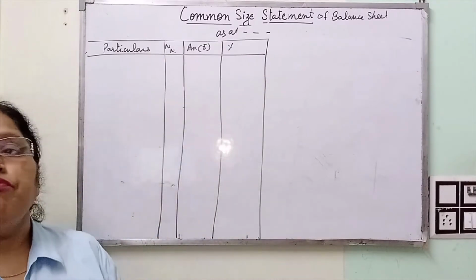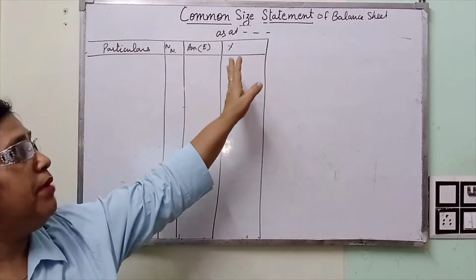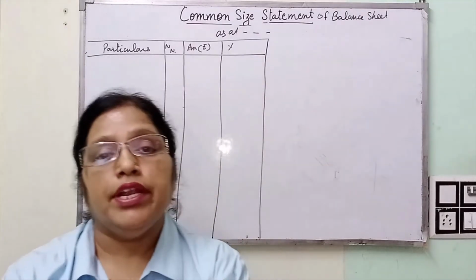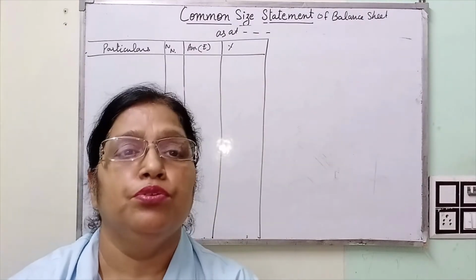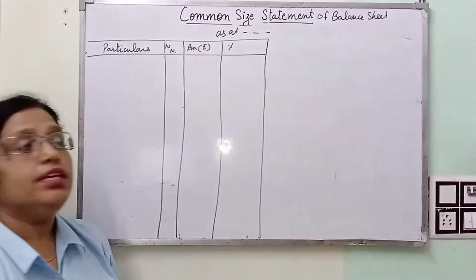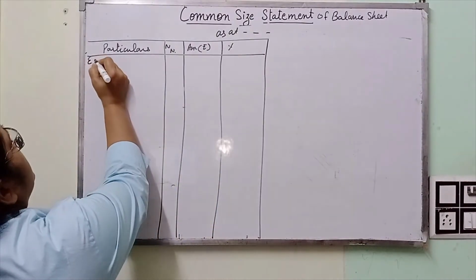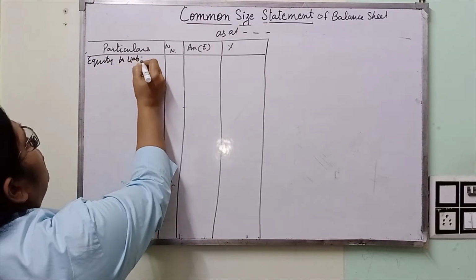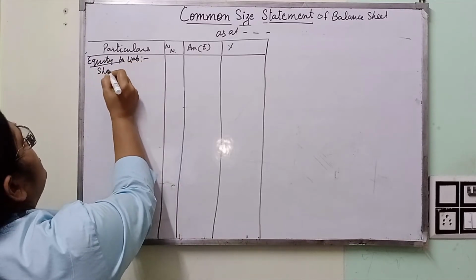Now in this question, we have to prepare a common size balance sheet. I have taken only one year so that the concept is clearer to you. First point is under equity and liabilities. First point is shareholders' fund.